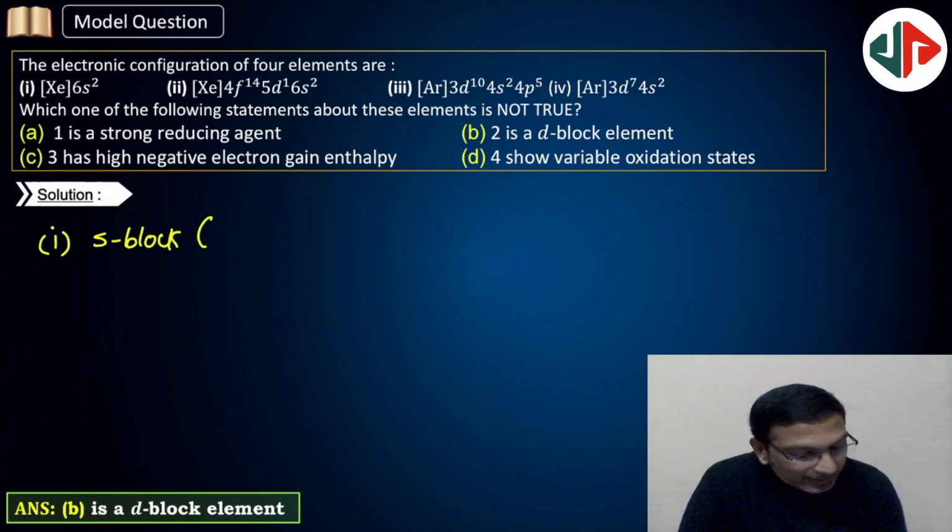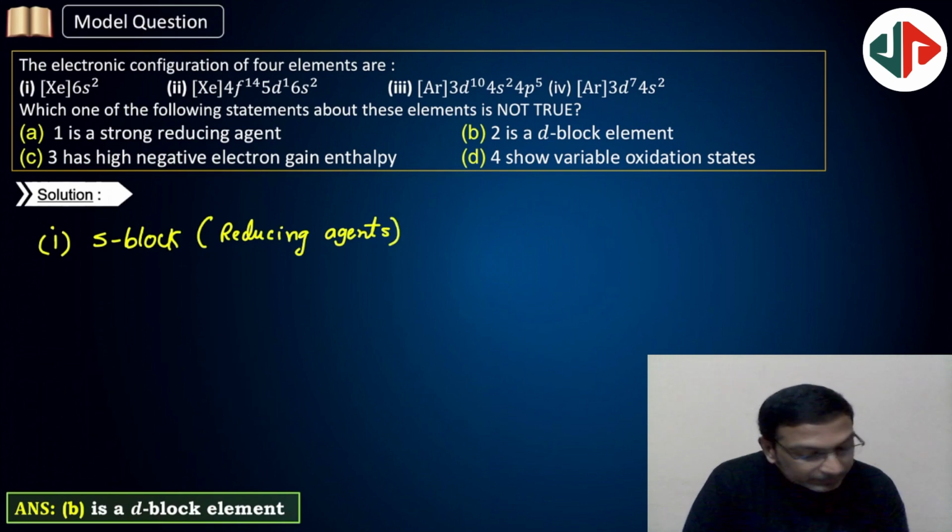We know s block elements are reducing agents. Therefore, one is correct. Next, the second one is an f block element.